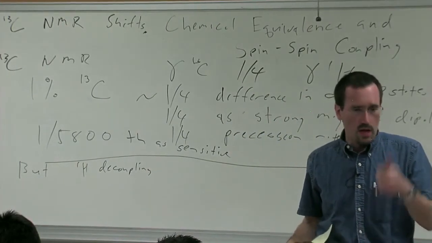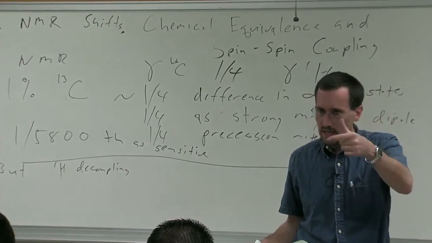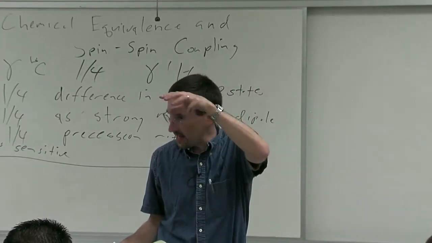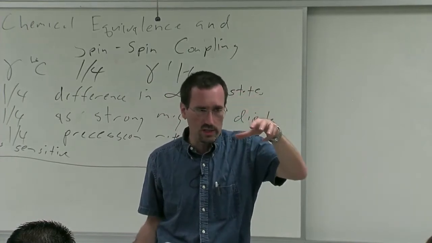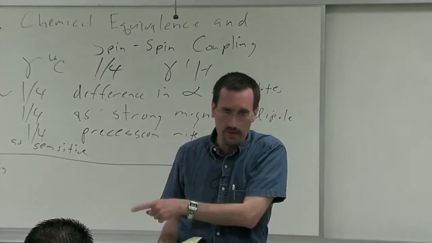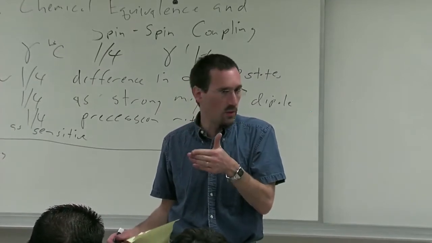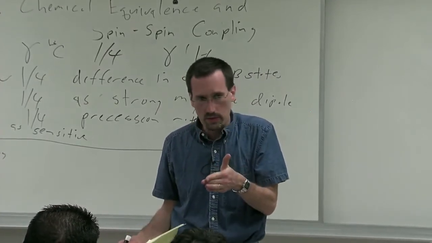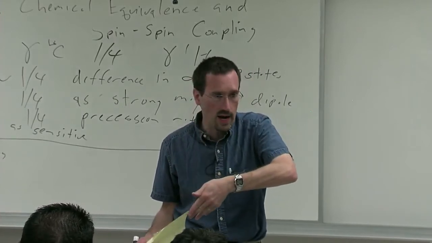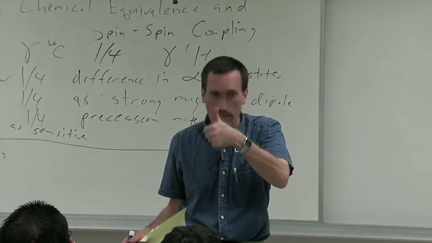For example, the carbon in the methyl group of ethanol would be split into a quartet by the 3 hydrogens that are attached to it, and then it would be further split by the hydrogens over on the methylene carbon. But what we do is we irradiate the protons, so virtually all the carbon you'll see is called proton decoupled carbon. That flips the spins of the protons rapidly, which means the carbon doesn't see them as spin up or spin down, so your carbons appear as a singlet.